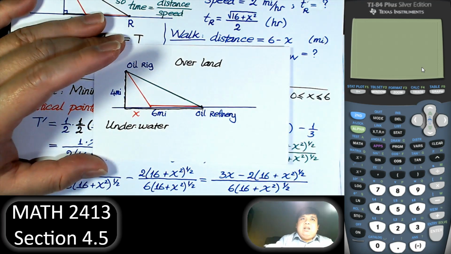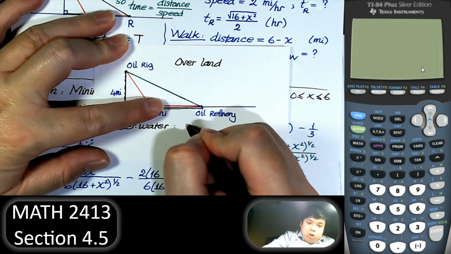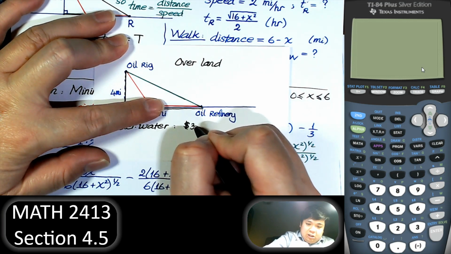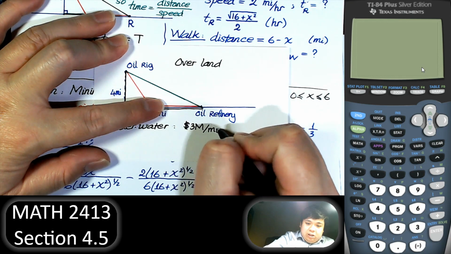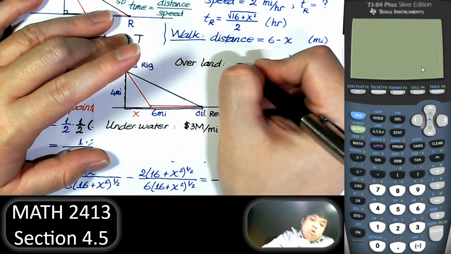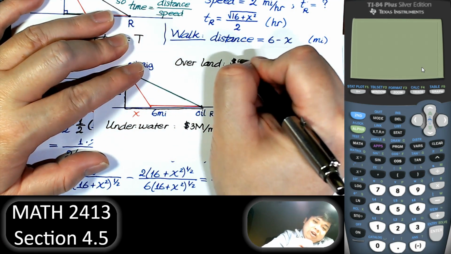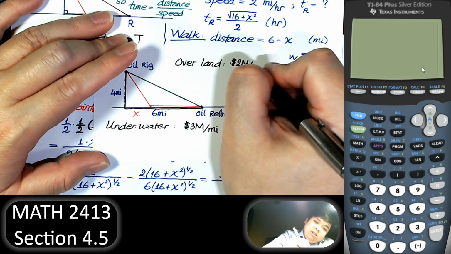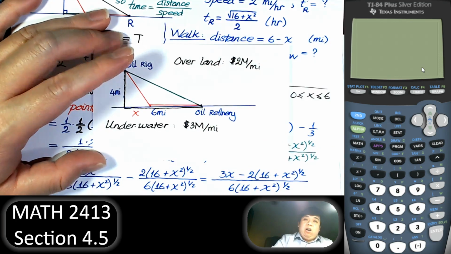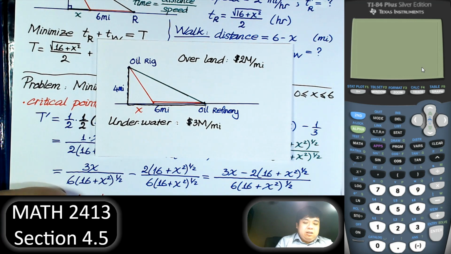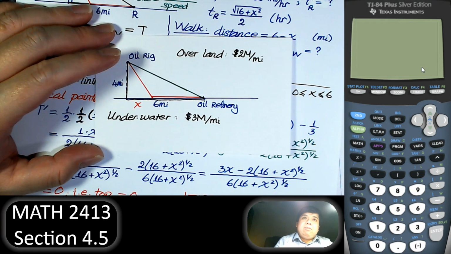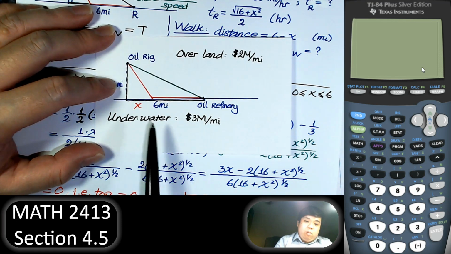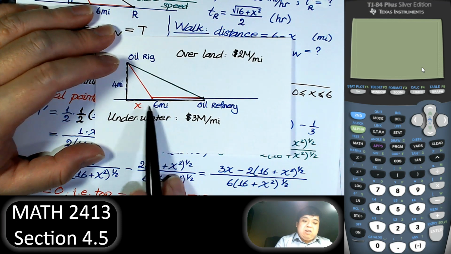Let's suppose that the cost is $3 million for a mile underwater, and over land should be cheaper, only $2 million for a mile on land. Now we know the distance is 4 miles and 6 miles respectively.